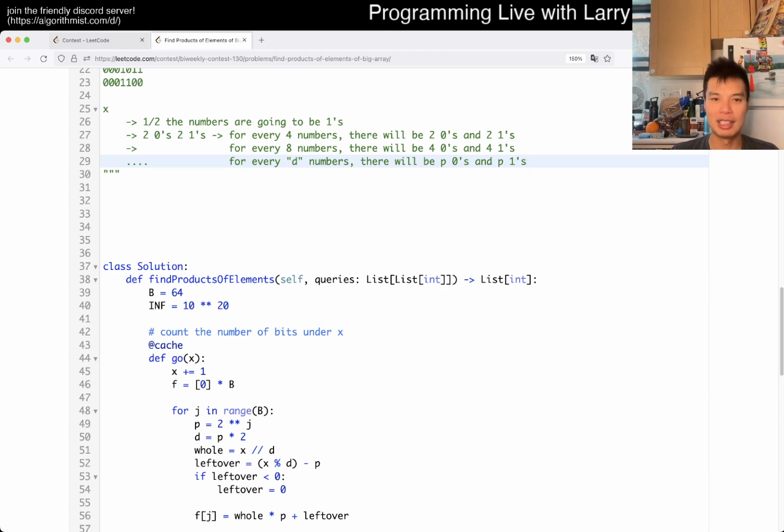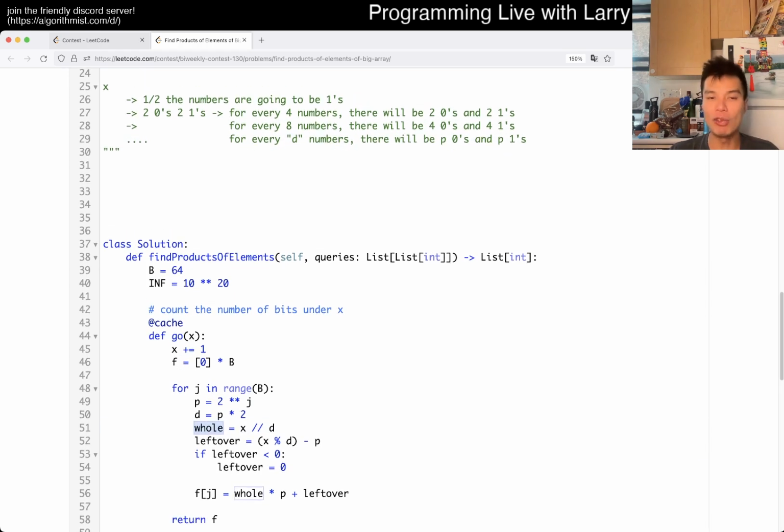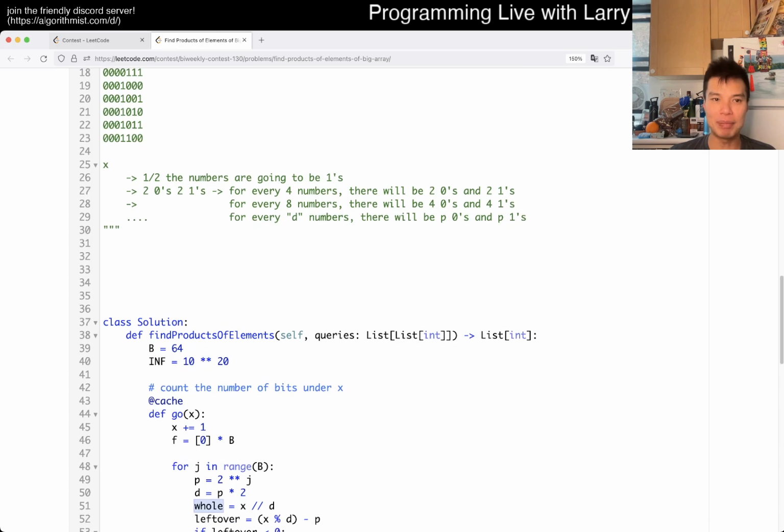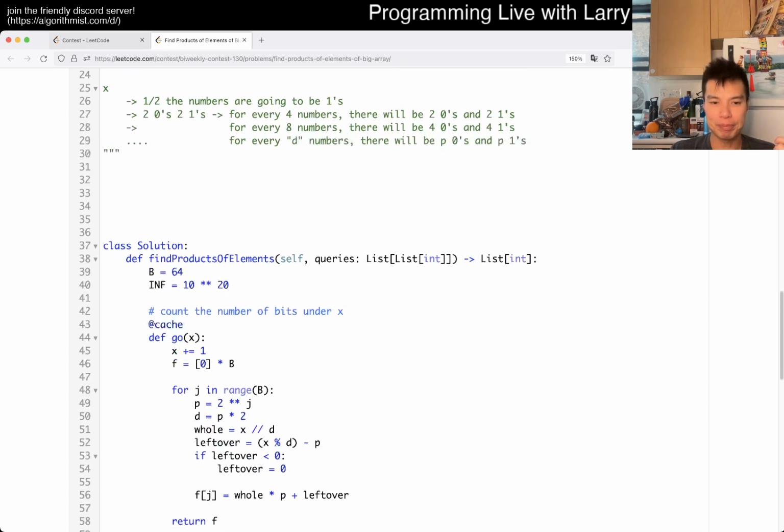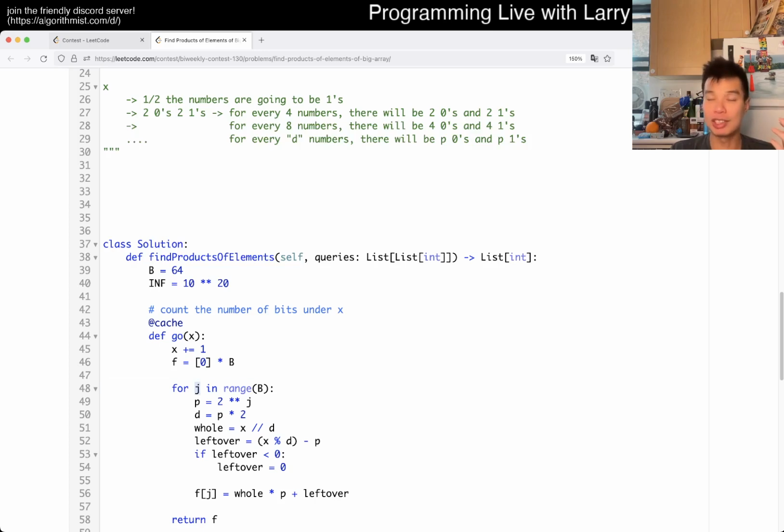And of course, now the math is actually a little bit easier, because whole is just the number of whole parts. So for example, if you're on the 1-bit, then the number of 0, 1 pairings, you can maybe think of it as pairings. Now if j is 1, so p is equal to 2, then for every 4 numbers, whole means how many groups of 4 numbers are there, and leftover is just the numbers that are left over.